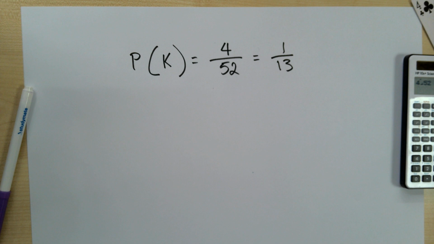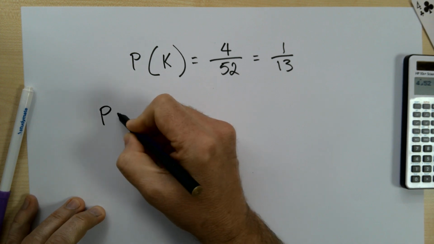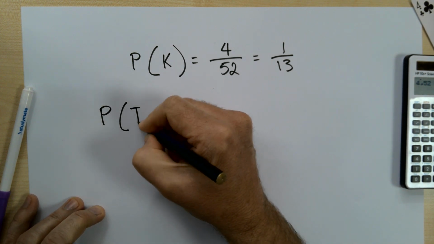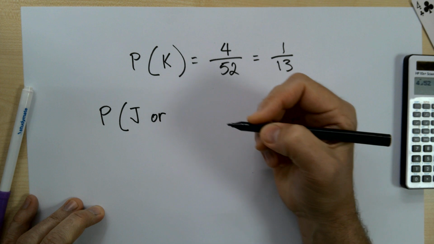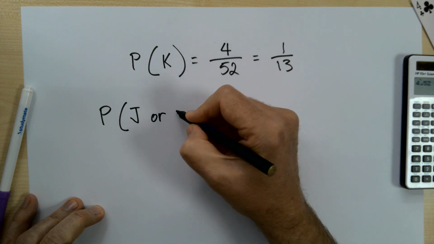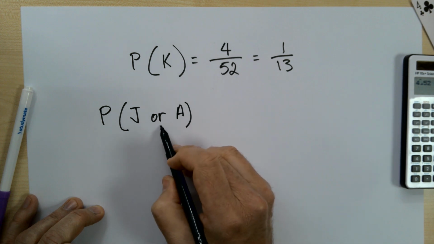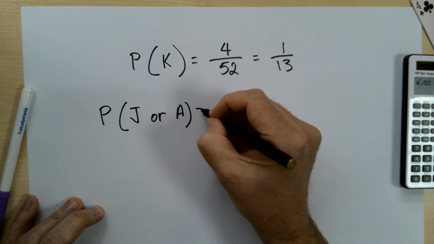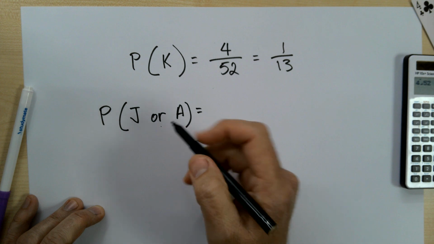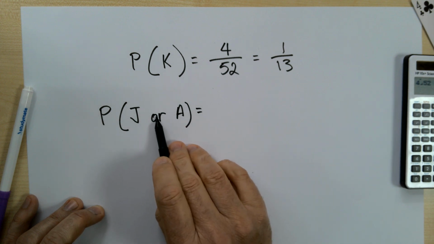Okay, that's that one. What, though, if I want 2 possible things? What if I'm drawing the cards out and I go, you know what? What's the probability of a jack or an ace? I don't mind which one I get. If you're doing that, you need to recognize that that's kind of like a plus sign.